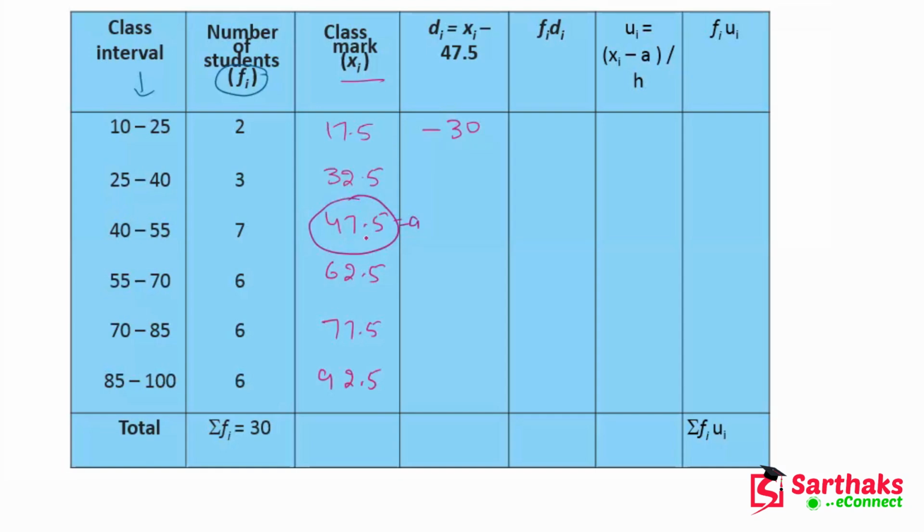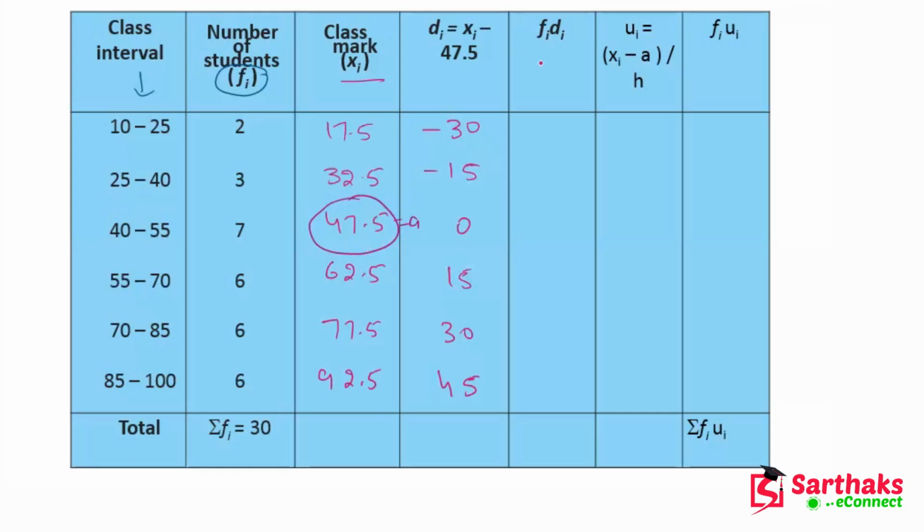And if we subtract 47.5 from 32.5, we get minus 15. And here is 0. And this will be 15. This will be 30. And this will be 45. You can assume 62.5 as A also, but we are assuming 47.5. There is no difference.